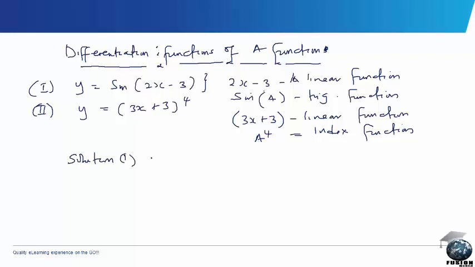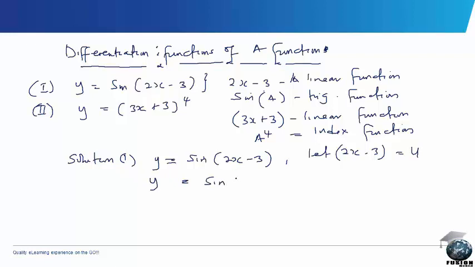Solution for 1: y is given as sine of 2x minus 3. The first thing you have to do is to denote one function. You can say let 2x minus 3 be equal to u, so that y will be equal to sine of u. Remember that u is equal to 2x minus 3.